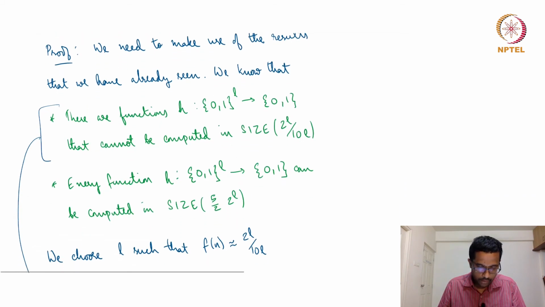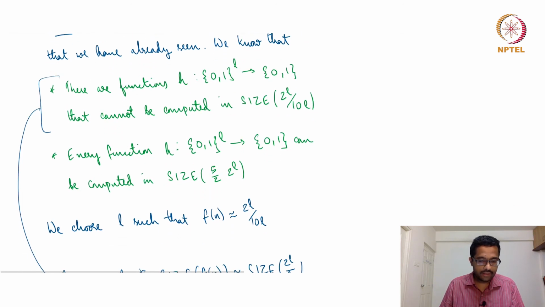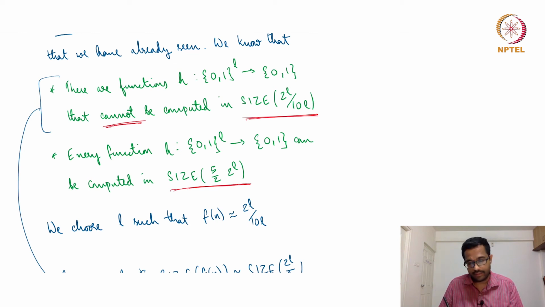Okay, what have we seen so far? We have seen that there are functions that cannot be computed in 2^L divided by 10L size, right? And every function can be computed in 5/2 times 2^L size.